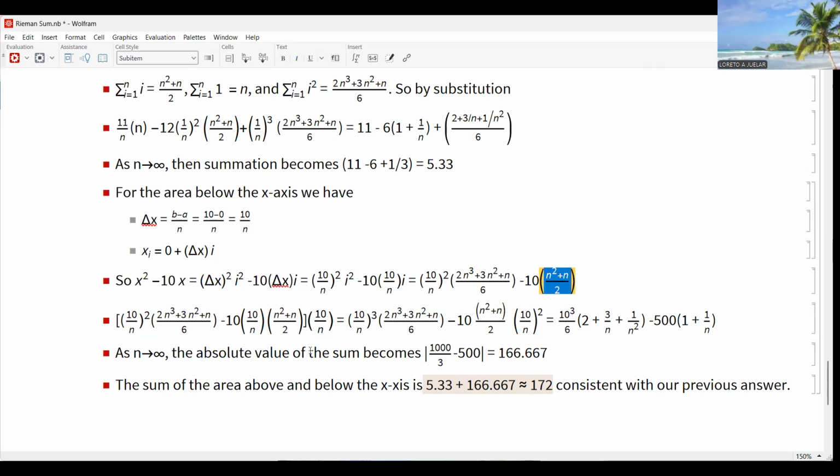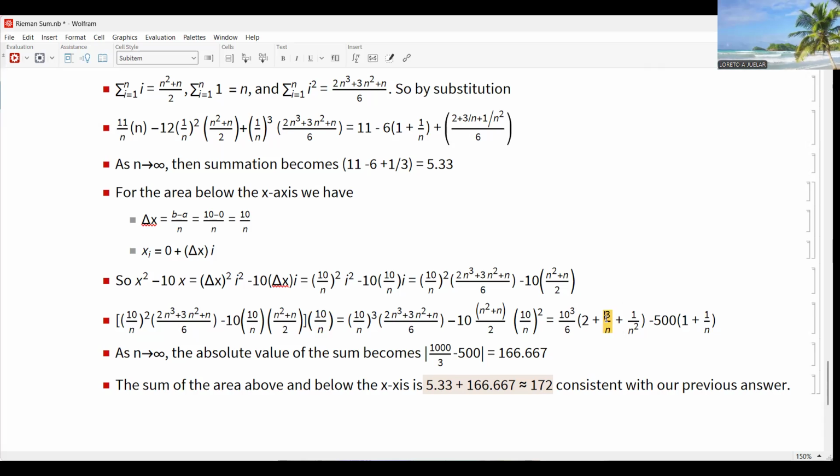So the next part is we're going to distribute the delta x in the expression. So by distribution, we distribute this one. Then cancel the n cubed here, so 10 over n cubed, cancel n cubed. Then we also have 10 over n squared, so cancel with n squared. Then we have this by simplification.